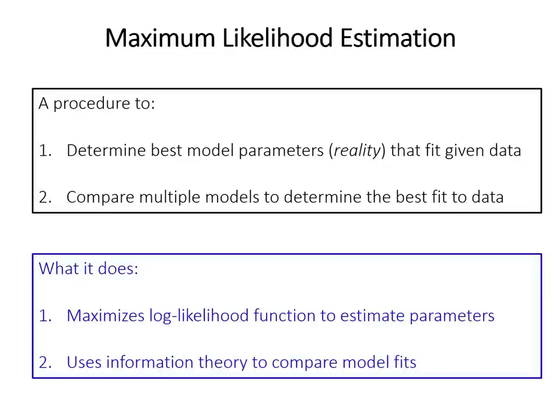And second, it's typically used to compare multiple models to determine which of those is the most likely explanation or the best fit for the data. To do that, it maximizes something called the log likelihood function to estimate the model parameters, and then uses concepts from information theory to compare the model fits. I'll discuss each of these steps in a bit more detail, starting with the likelihood function.